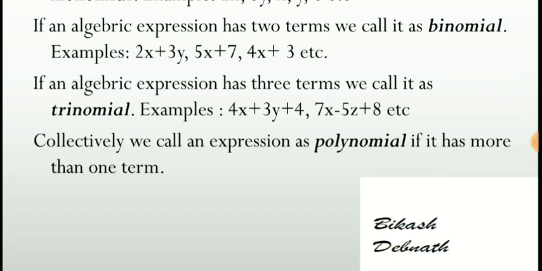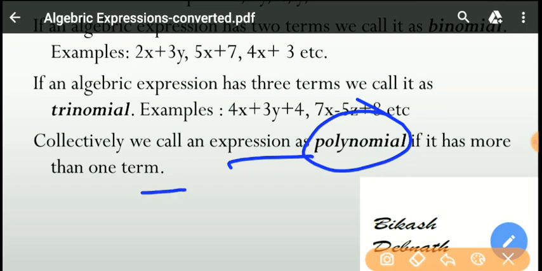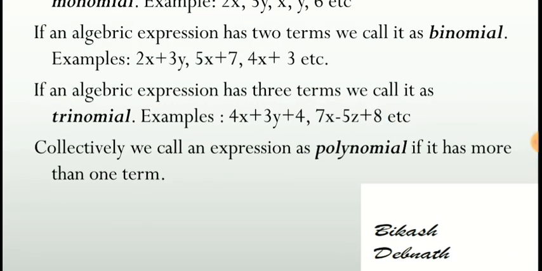Collectively, we call an expression a polynomial if it has more than one term. Regarding the polynomial, you will learn something more in further classes. Not in class 7, in fact in class 9 or 10 you will get something more about polynomials.